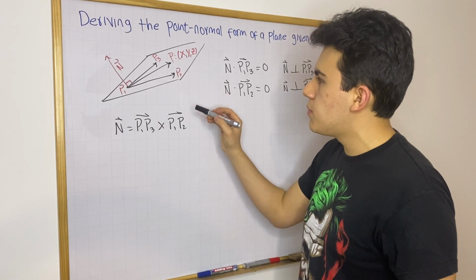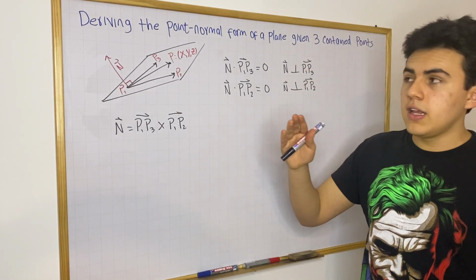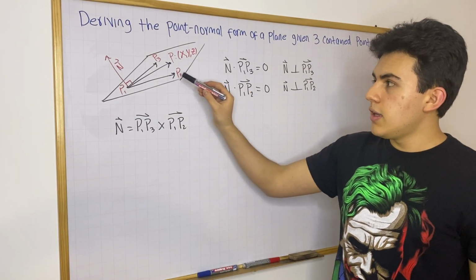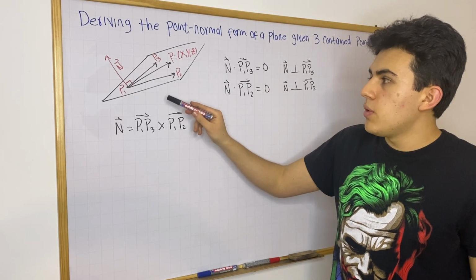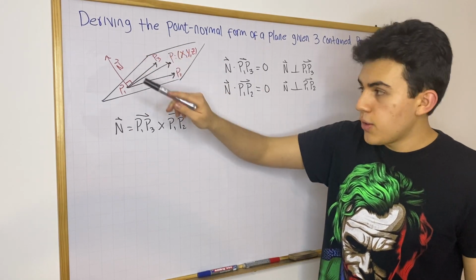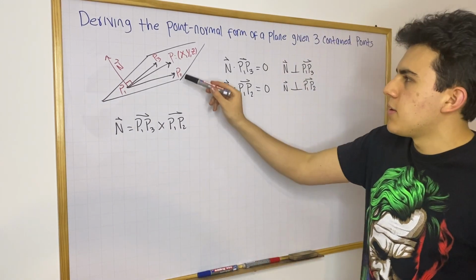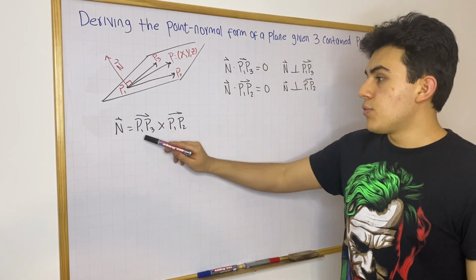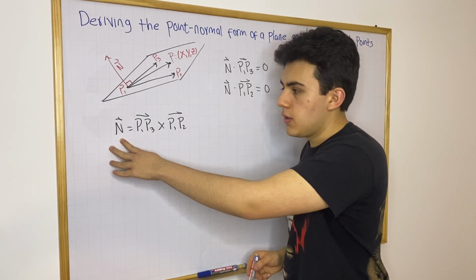If you take the cross product between them, you get a vector that is normal to the plane created by these two vectors. Since we know the coordinates for P1, P2, and P3, we can find the coordinates for N.